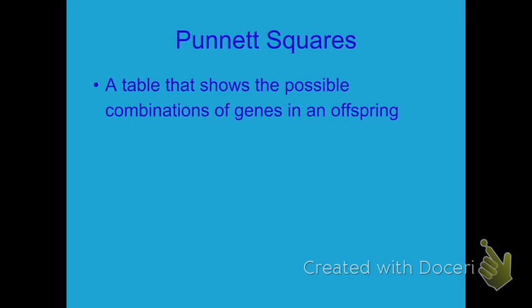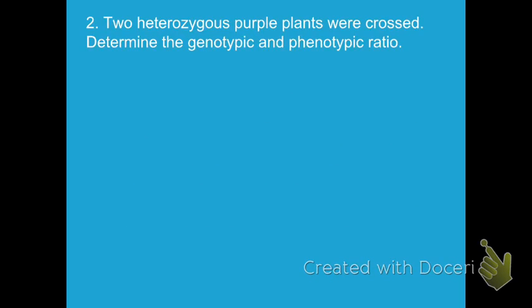So how do we figure out what an offspring might be, or the genotype or phenotype of an offspring? We use what's called a Punnett square. A Punnett square is used to predict the offspring. So let's just do an example. It says two heterozygous purple plants are crossed.